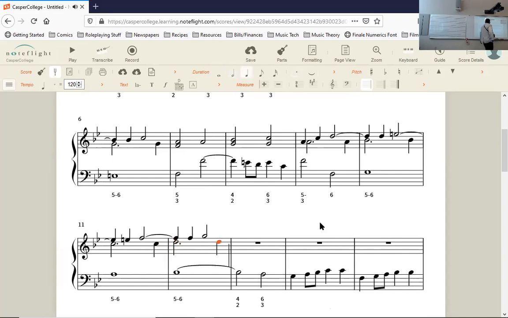Stop. Because now we're going to land on a 4, 2. That's B flat, so up to C. And up 4, I need an E. Good. It's going to be a B flat, skip down to the E.